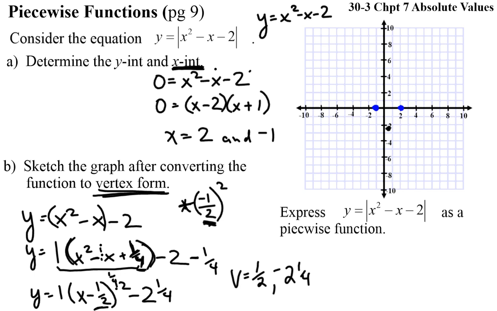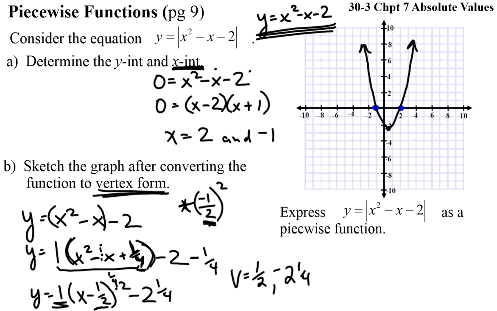All right, there it is. There's our vertex. It's a positive a value 1, so we know it opens up, and we have 2 points on it, our x-intercepts. So there's our y equals x squared minus x minus 2.